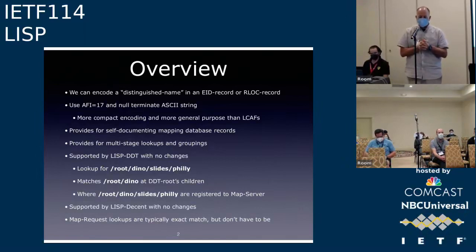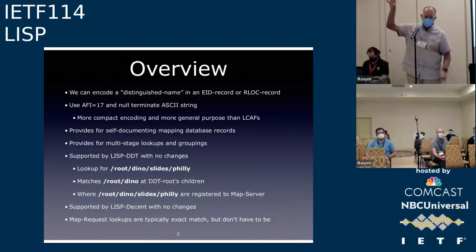The idea here is that we don't want to break the semantics of this string with power of 2 addresses. So DDT and Lisp Decent, those two mapping database systems, could support this. So for instance, if you did a lookup on /root/dino/slide/Philly, it could match /root/dino at the DDT root, which would be the delegation authority for that part of the name.